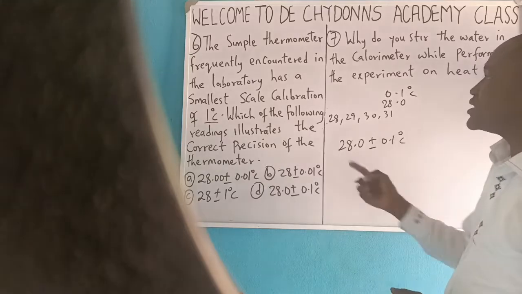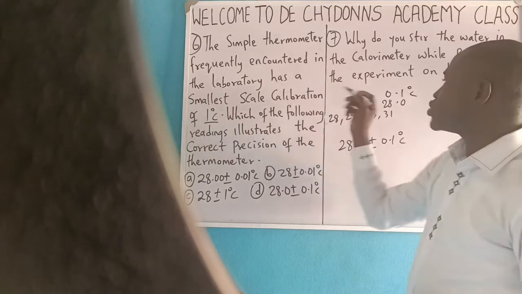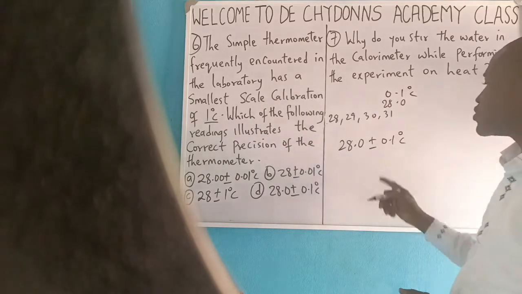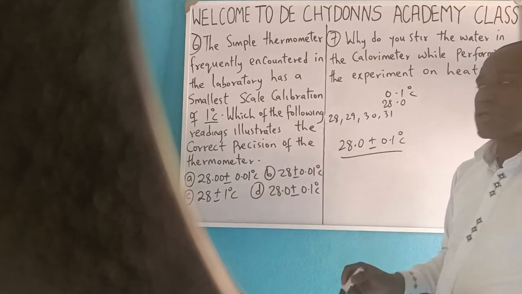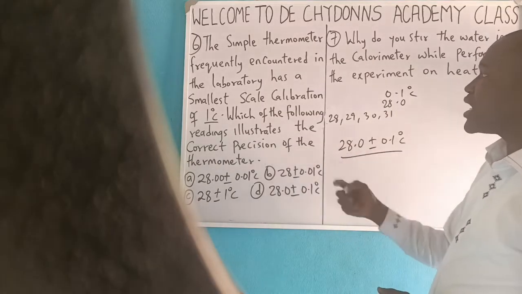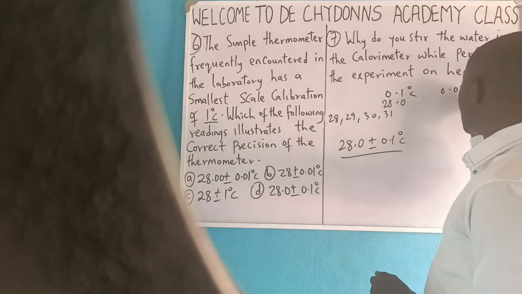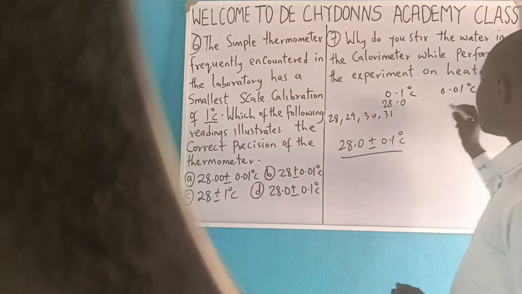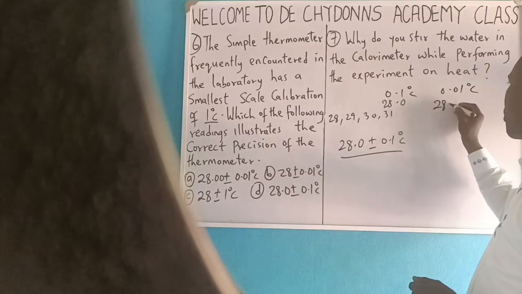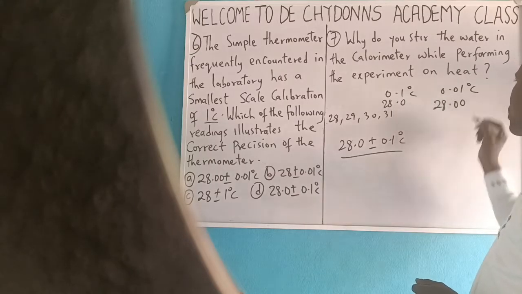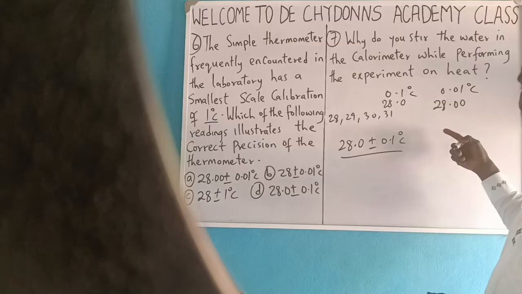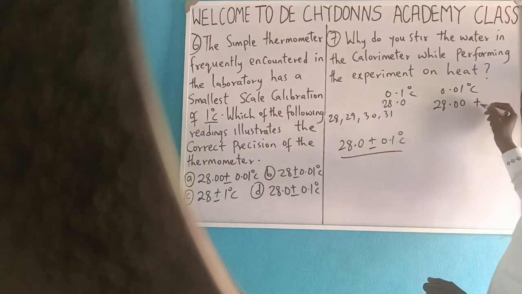But if they say that the smallest scale calibration is 0.01 degrees Celsius, we will be writing 28.00 accordingly, plus or minus 0.01 degrees Celsius.